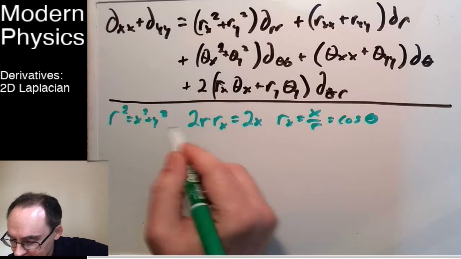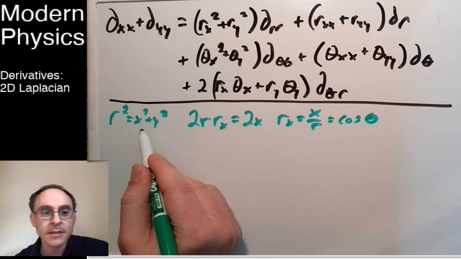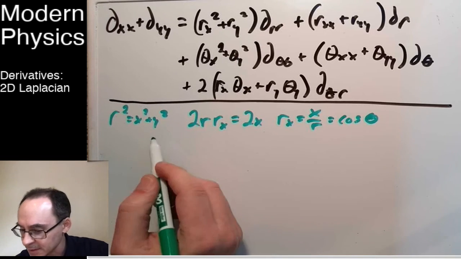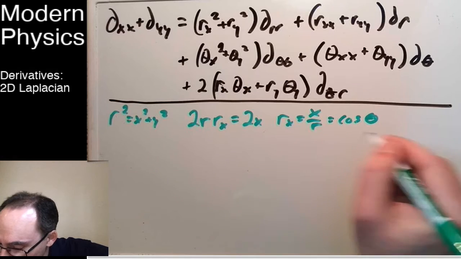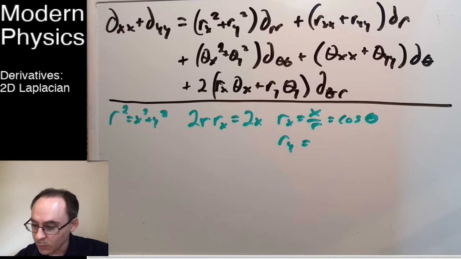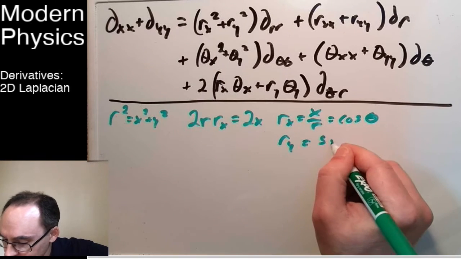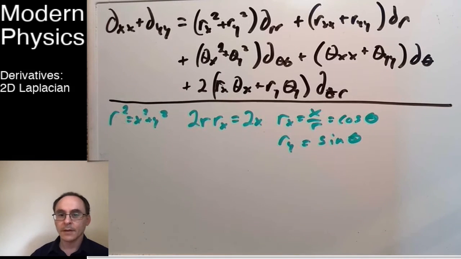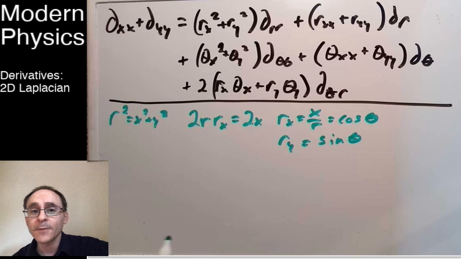Similarly, you can kind of see that x and y come into this expression for r in the same way. So the derivative of r with respect to y is just going to be y over r, which is sine theta. Okay, so that's the first derivatives.